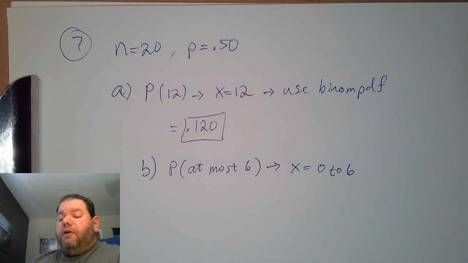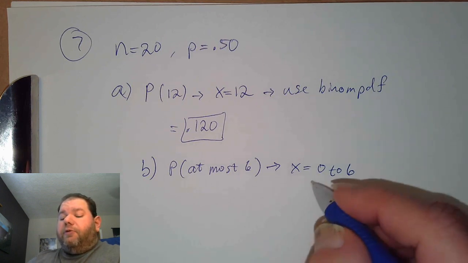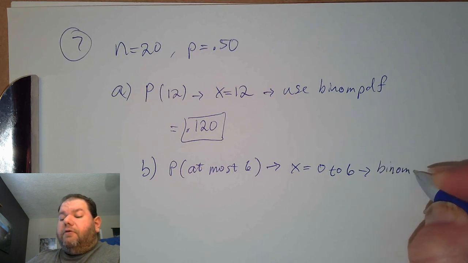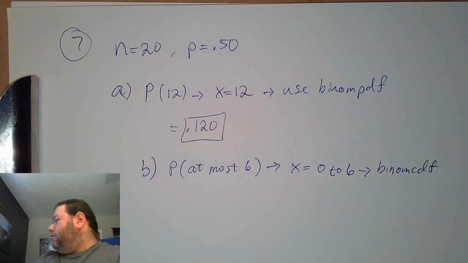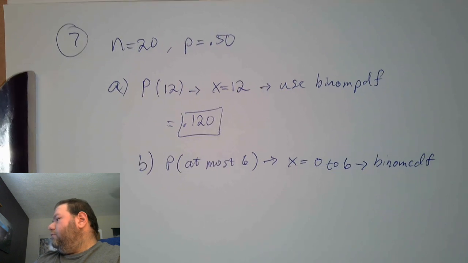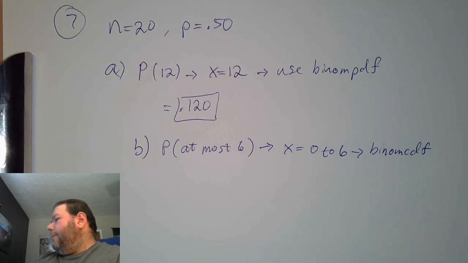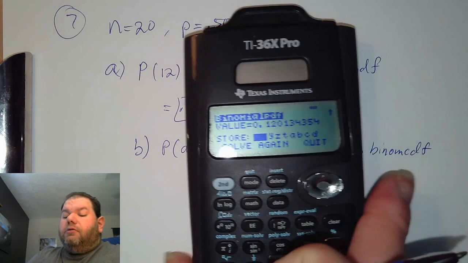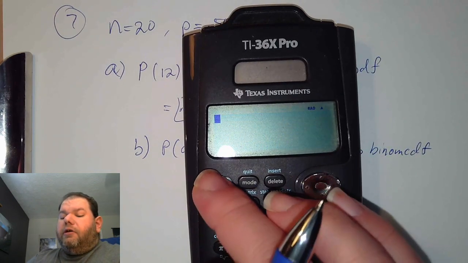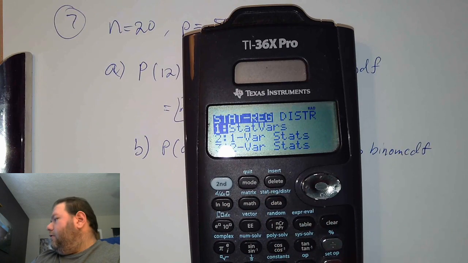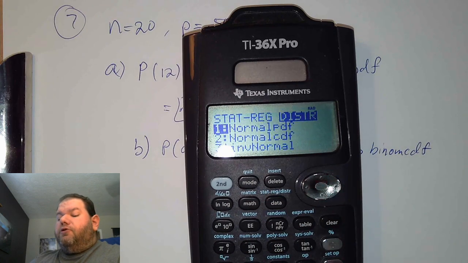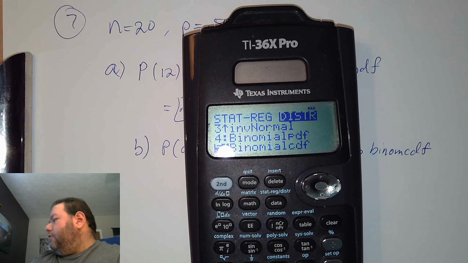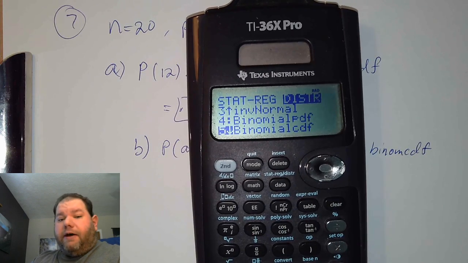If we have a range of numbers like we do here, we are going to use Binomial Cdf on the calculator. Clear out of that. So we press second data, go over to distribution, and arrow down to Binomial Cdf, which is option 5, we see.